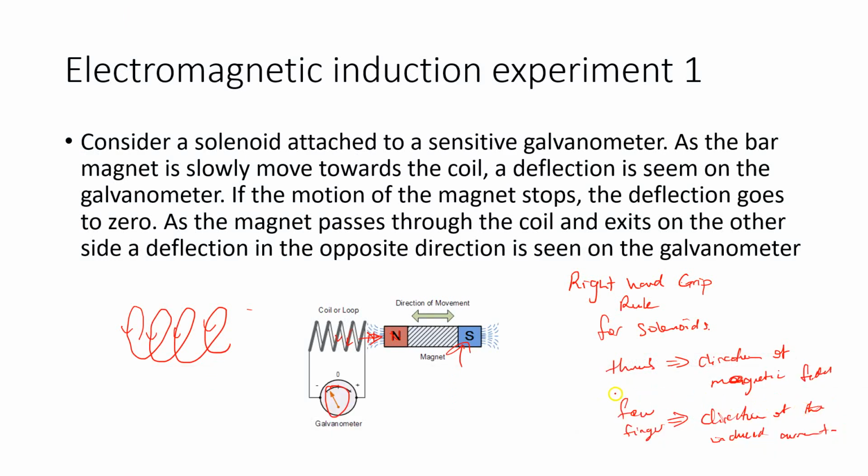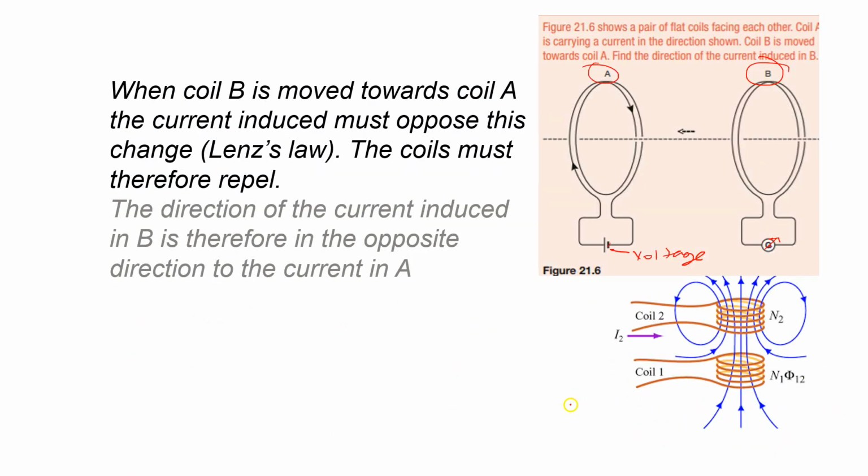Let me just go back here and see what's going on. It says that the direction of the current induced in B is therefore in the opposite direction of the current in A. So if the current in A is going down like this, then on this side it is going to be the reverse.